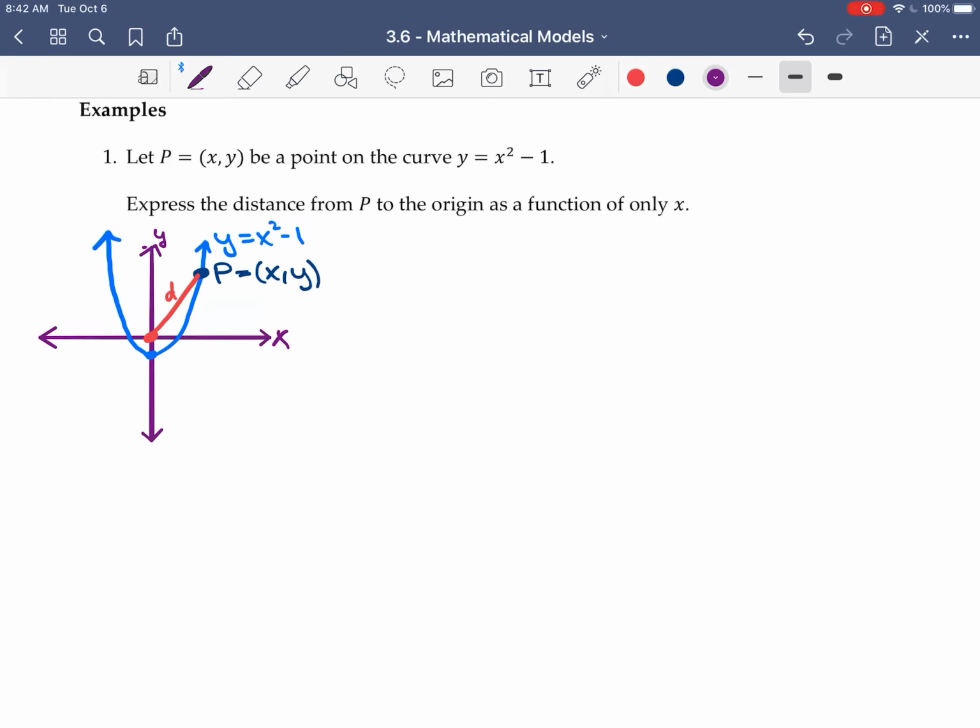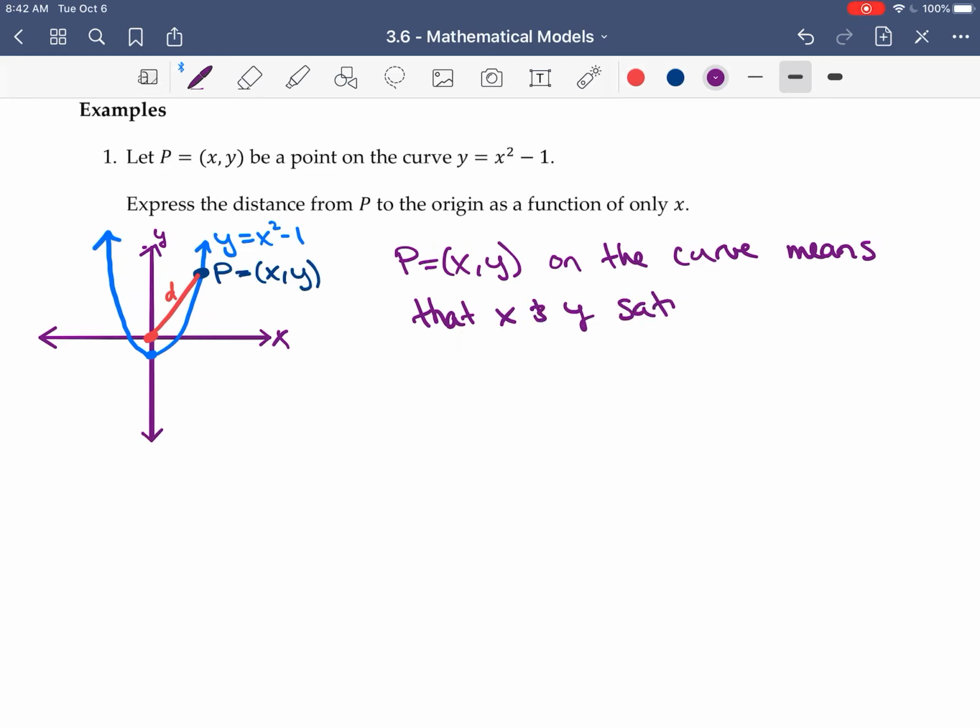So what does it mean for P to be on the parabola? P equals x, y on the curve means that x and y satisfy the equation.